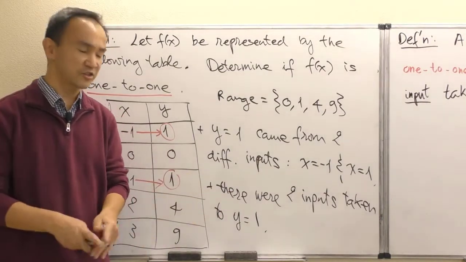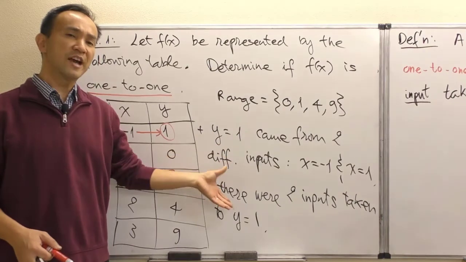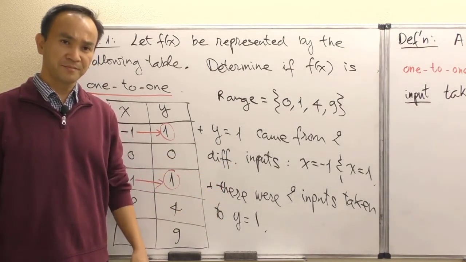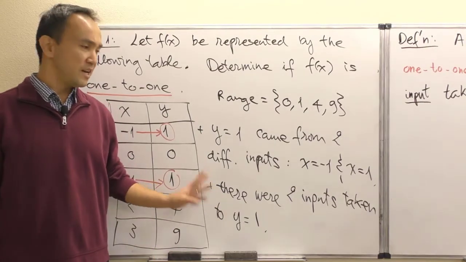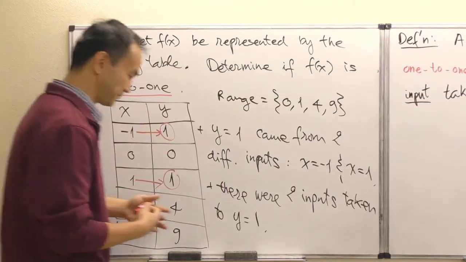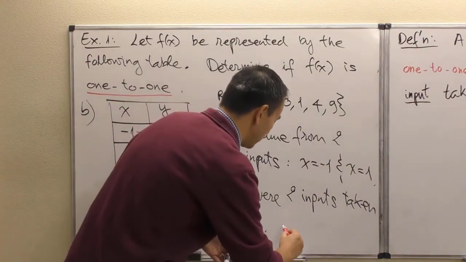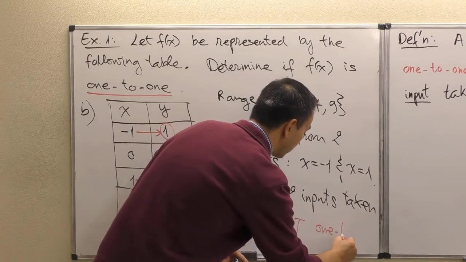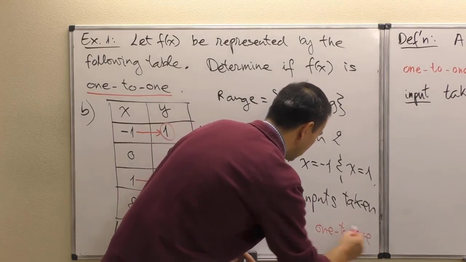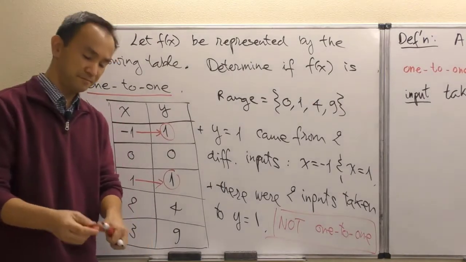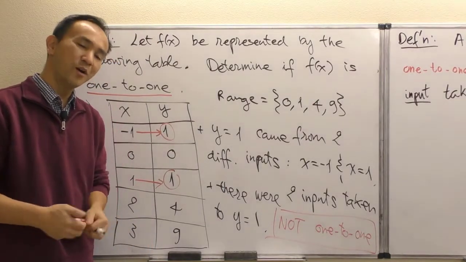Like I said, this is just a way we're documenting our thoughts, our general observation. And in that way now we have a firm decision. This function f of x is not 1-to-1. It fails to be 1-to-1.